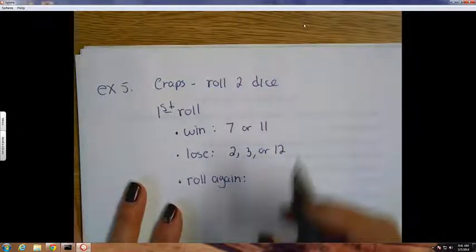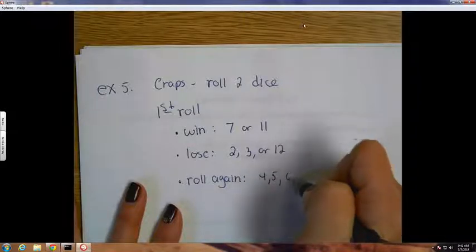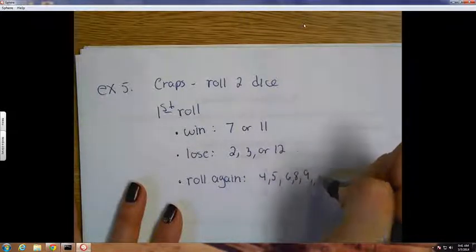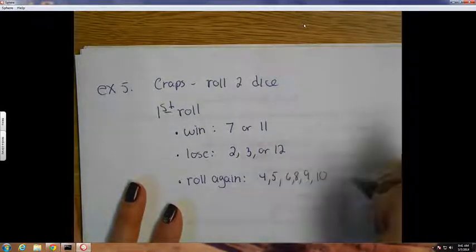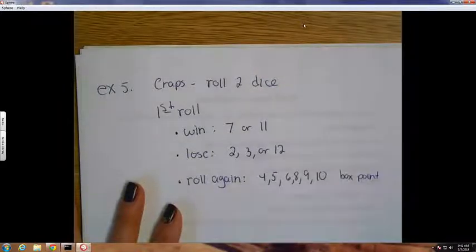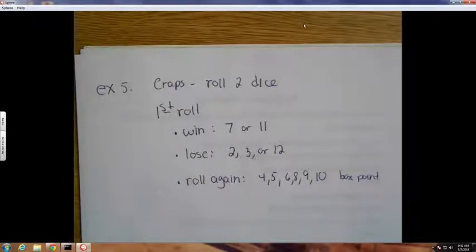If you roll a 4, 5, 6, 8, 9, or 10, a sum of one of those, it's called a box point. So then you get a second chance to roll, or a third chance to roll. If you match your box point on the second roll before you roll a 7, you win.